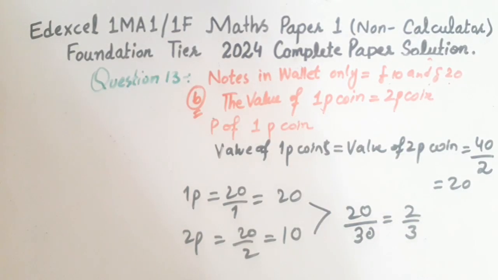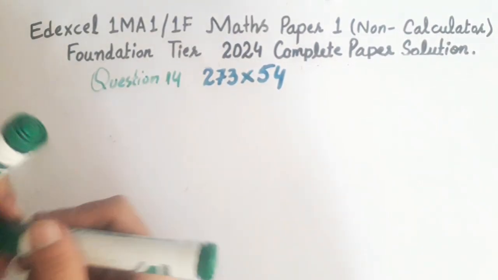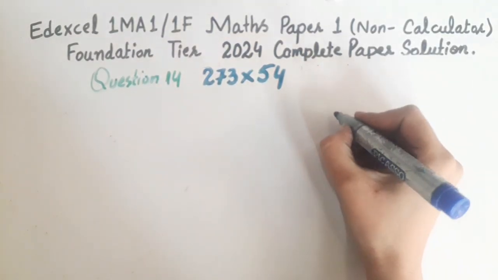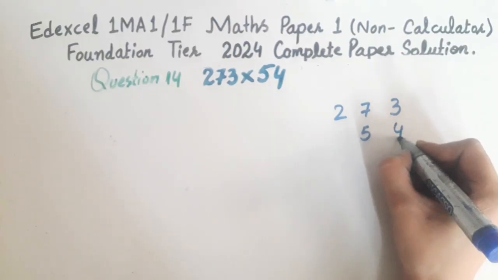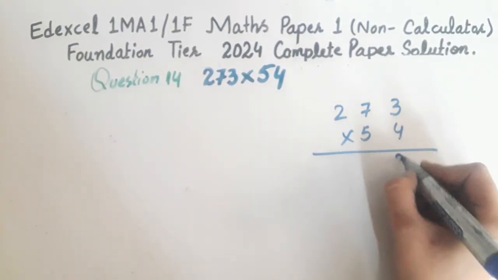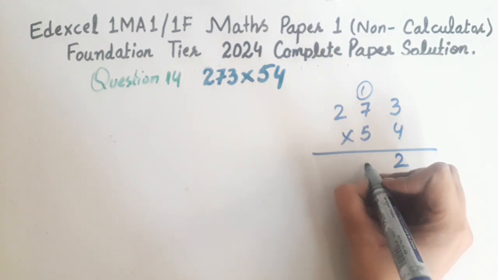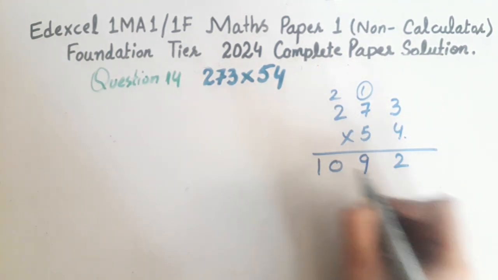Now we will solve the next question, 14. Question 14 is work out 273 multiply 54. This is very simple. 4 3s are 12, 4 7s are 28 and then 29, 4 2s are 8 and 10.